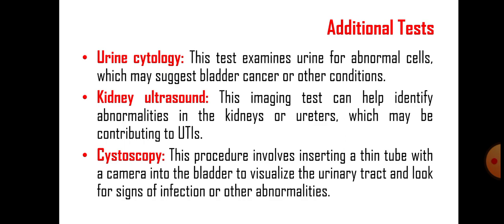Another study called cytoscopy. Sorry, I misspelled it. Actually, it is cystoscopy. The procedure involves inserting a thin tube with a camera into the bladder to visualize the urinary tract and look for signs of infection or other abnormalities. So it is also a diagnostic procedure to identify the presence or the condition of the urinary system or urinary tract.